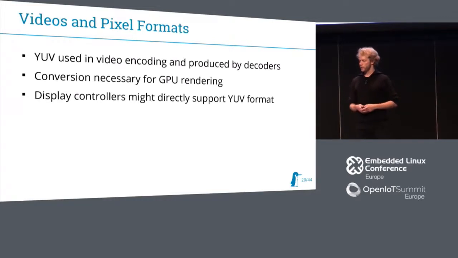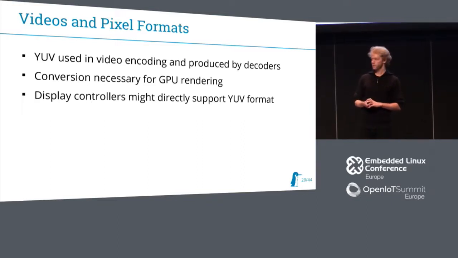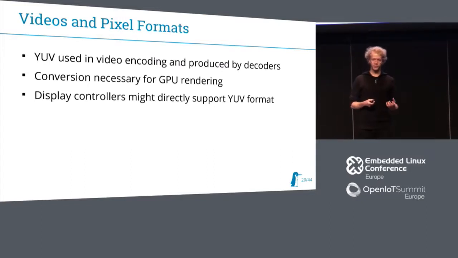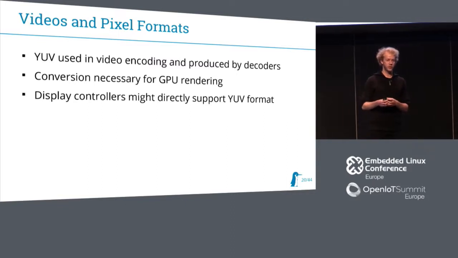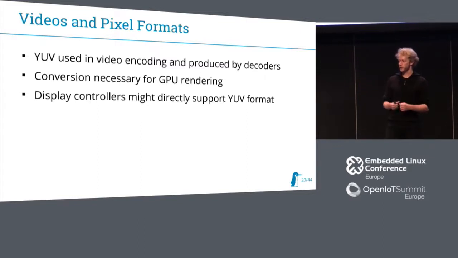The third is video and pixel formats. So usually in video decoders, you have a YUV format, which is completely different from RGB formats that are typically used by display units. So if you render, you usually convert these formats to something that the display understands.